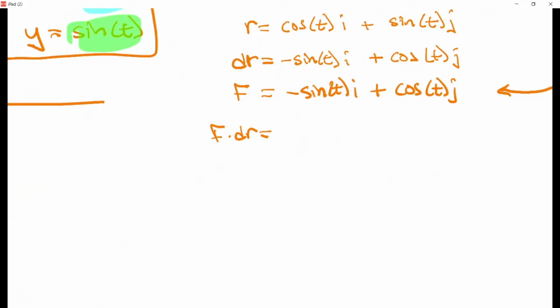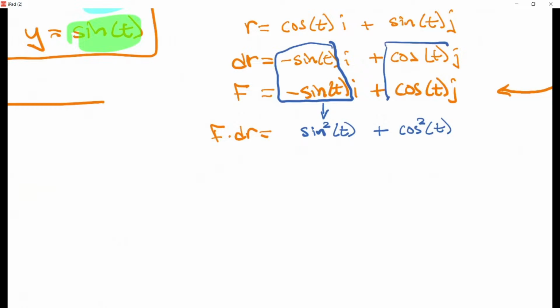Rostin, do you think you can do the dot product of these two things? Sure. We have sine squared of t i plus cosine squared of t j. All right, I'll take all of that except for the i and the j, because we're doing a dot product. You get rid of the i and the j. So for the dot product, just to remind you, this is why I like to line these up like this.